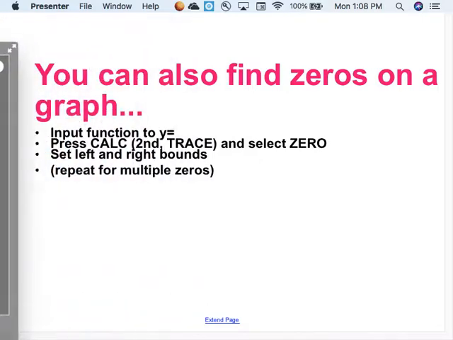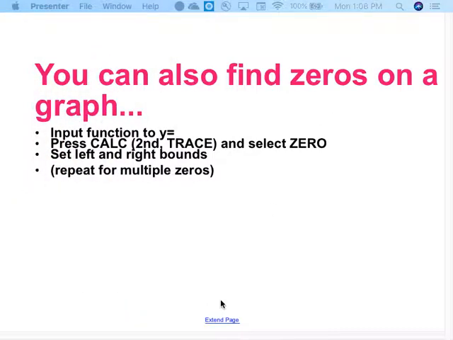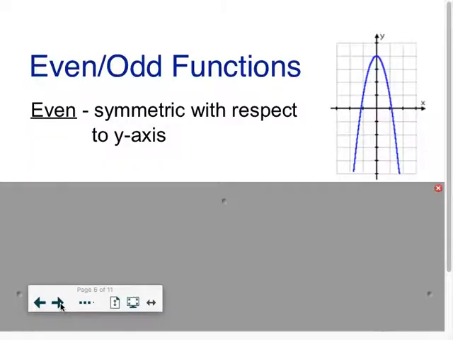We're not going to need it for even or odd. And you'll want to jot this down in your notebook. Even functions are functions that are symmetric to the x-axis, or sorry, y-axis.